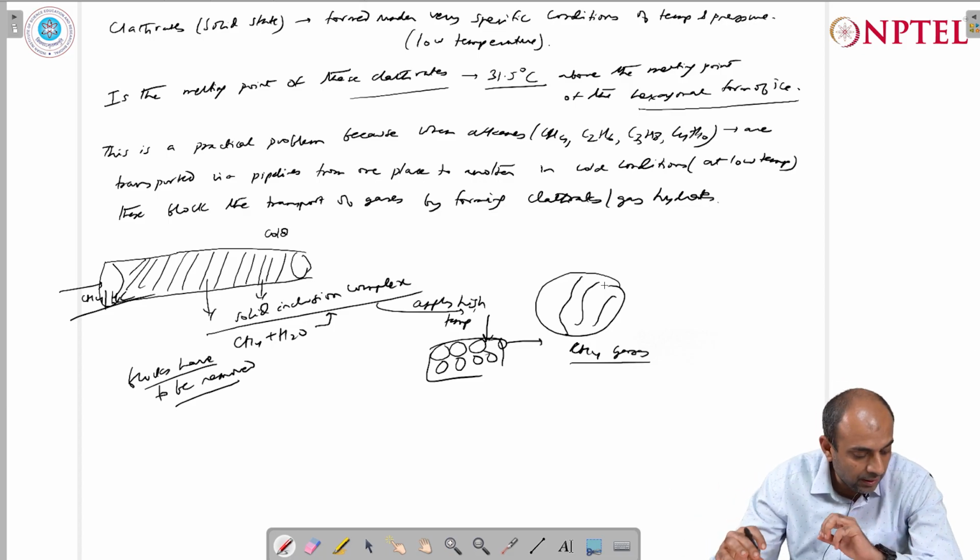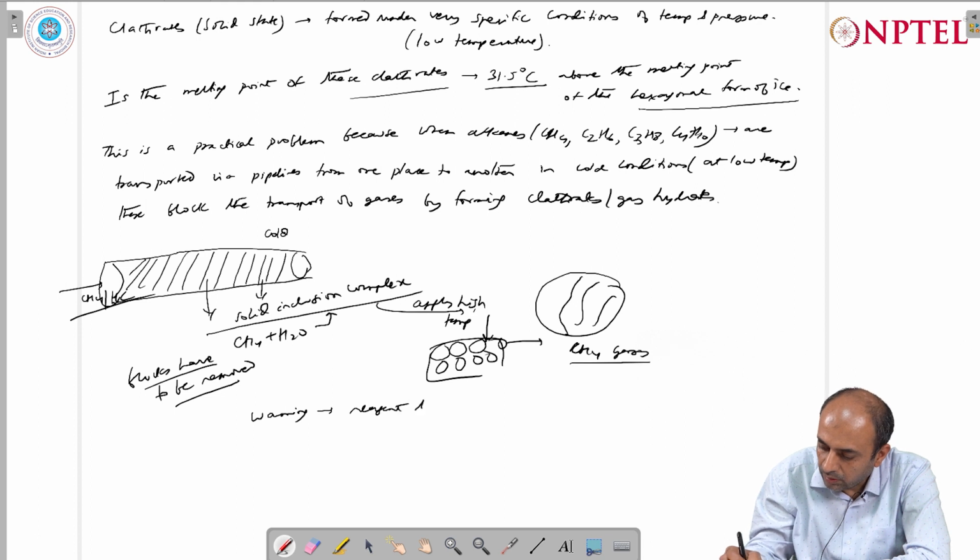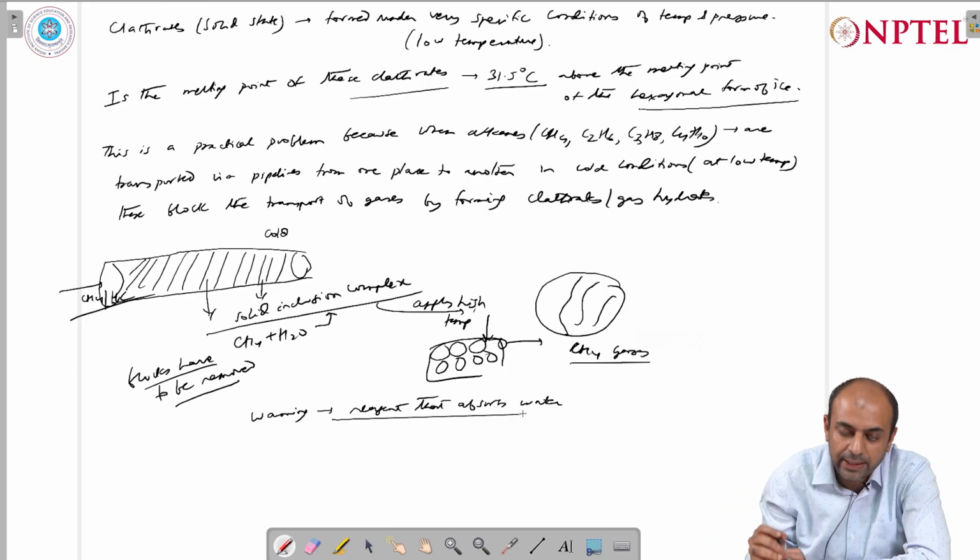So this is a serious problem, the formation of gas hydrates, and the remedy to this problem is that you can remove the gas hydrates, as I said, by applying high temperature, that is by warming up, or putting in a reagent that absorbs water or moisture, and therefore the methane gas will be released. That is one way of doing it.